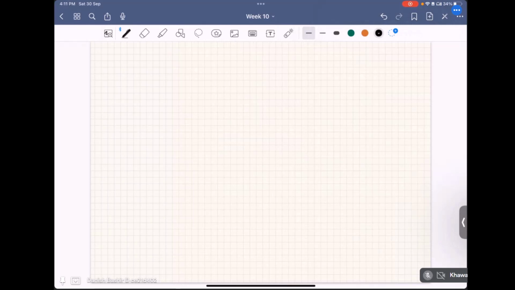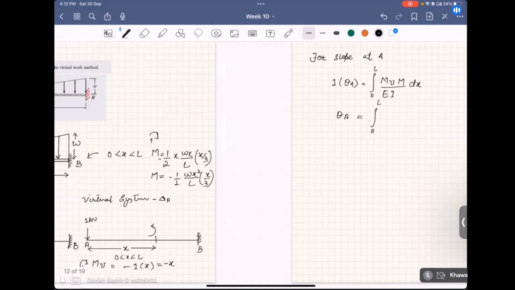So for slope at A, what will be the slope at A? It will be 1 times theta A, equal to the integral from 0 to L of Mv times M divided by EI, not AE, EI, times dx. Substitute all the values. Mv is 1.